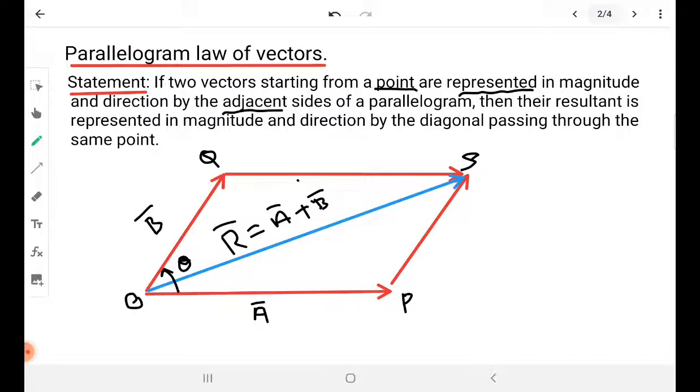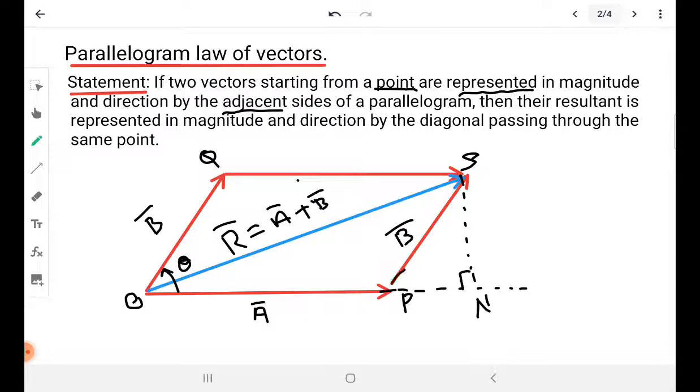Now, to derive the resultant, first of all, we need to get a right angle triangle. To construct a right angle triangle, let us extend the line OP and draw a line perpendicular from point S so that this line intersects the extended line OP at point N. The vector PS is also equal to B bar.